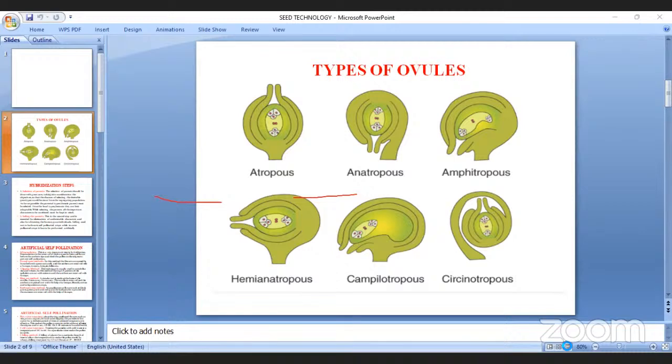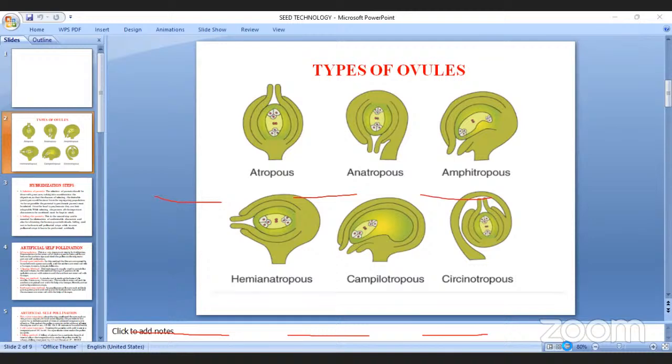And third, hemianatropous ovule. Then campylotropous ovule, amphitropous ovule, and circinotropous ovule. Actually, this is the evolution. So first, let's see the first, heteropous or orthotropous ovule.